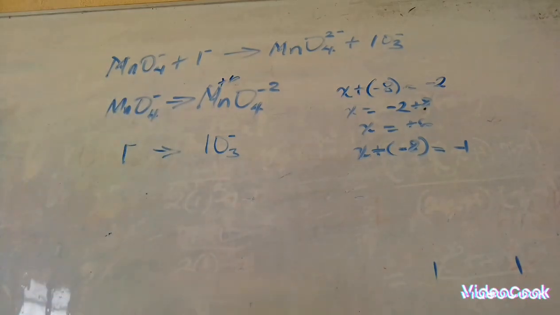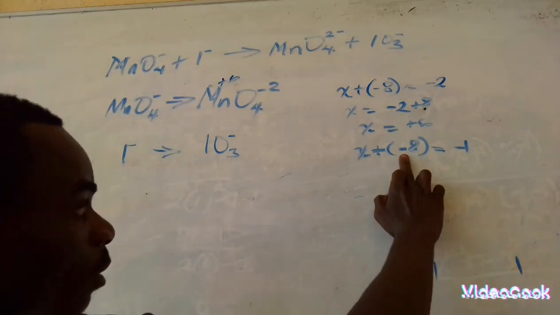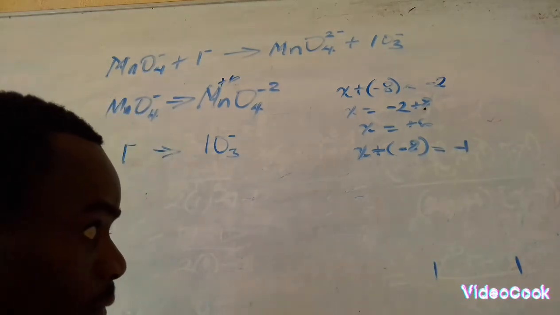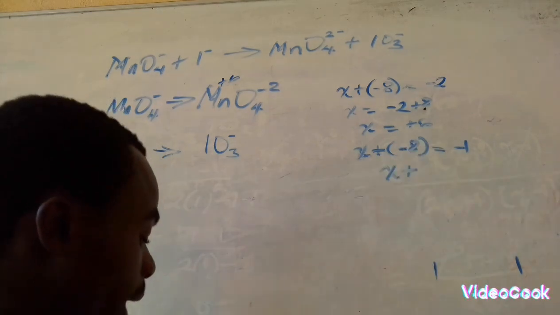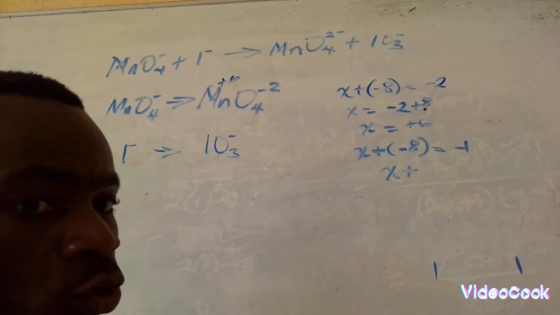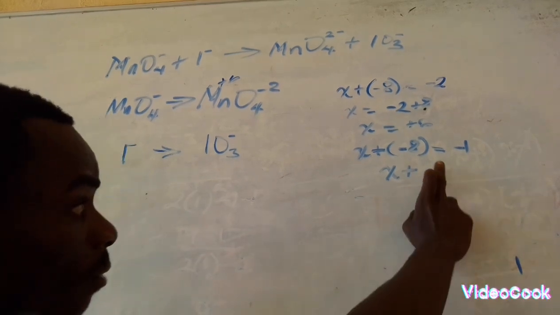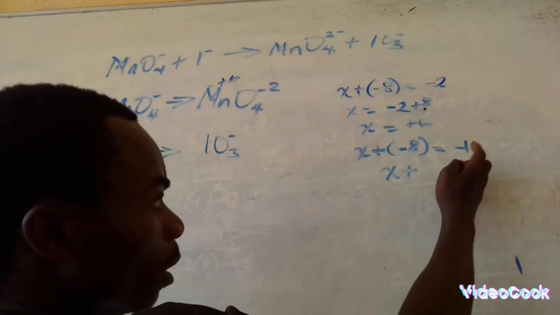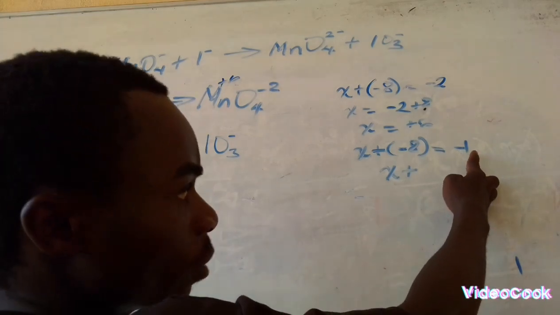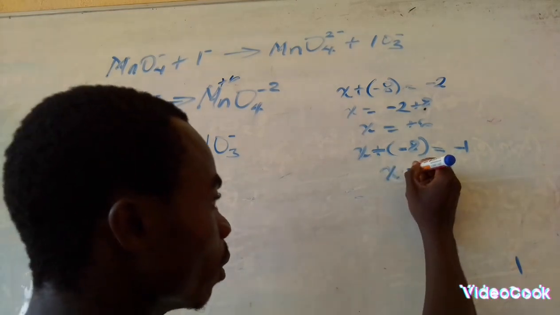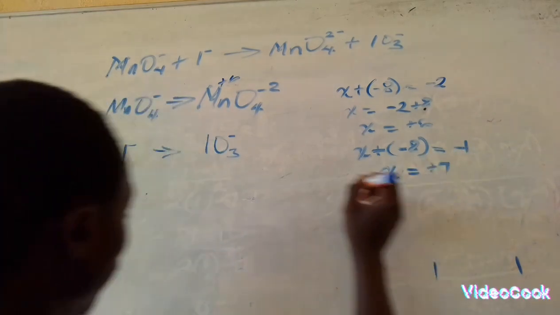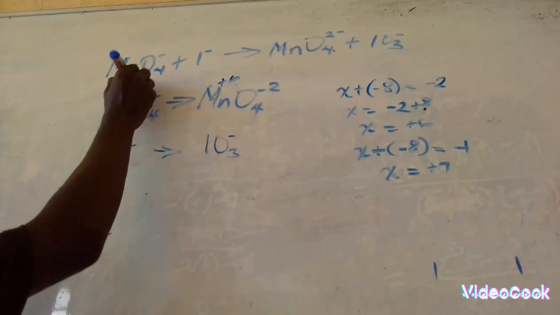When you send this across, it changes to positive. So x is going to be equal to negative 1 plus 8. That means it's going to give us positive 7. All right. So here we're going to have positive 7.